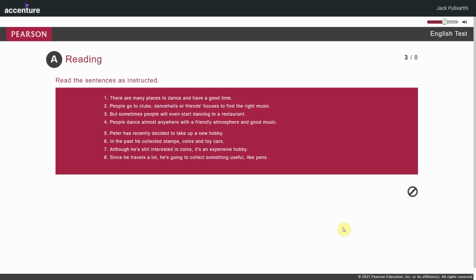Now please read sentence 3. Now read sentence 4.